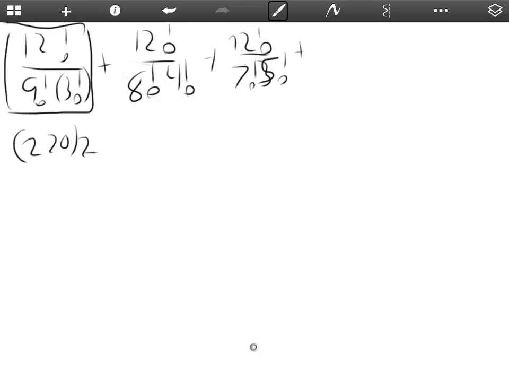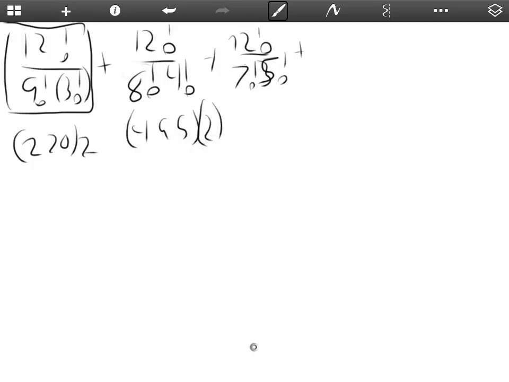Then 12 times 11 times 10 times 9 divided by 4 factorial is 11,880 over 24, which is 495, also multiplied by 2.